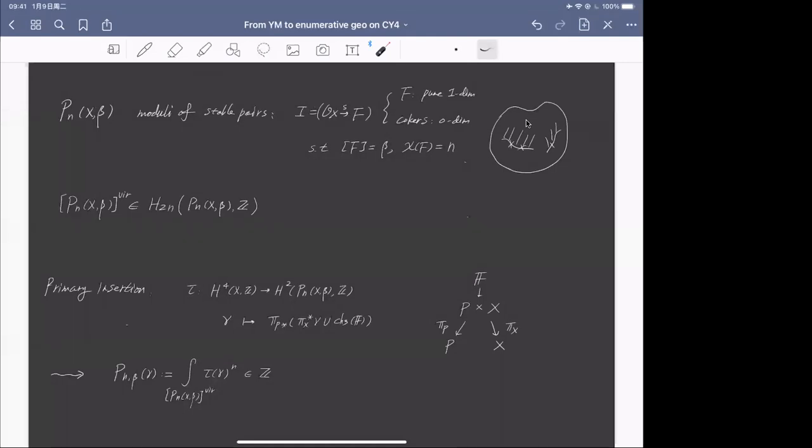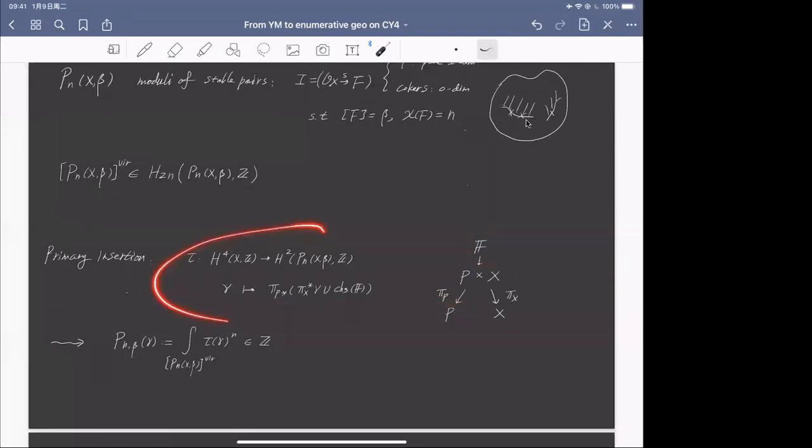We consider the moduli space P, and we consider X. We consider their product, and we consider the universal object here. So there's a family of these sheaves on this moduli space cross X, some universal one-dimensional sheaf. Then what we do is pull back a cohomology class, couple with a certain truncation of F, then push forward to P. So this defines some insertions on the moduli space.